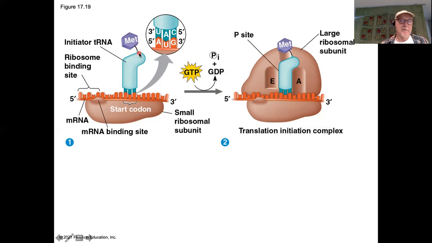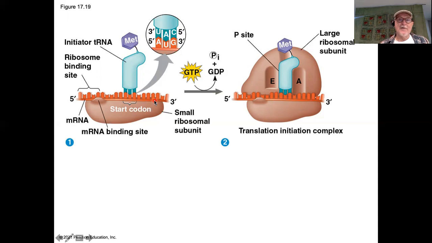That has been attached by the aminoacyl tRNA synthetases. So this small subunit is very important because it does a lot of work at the beginning of translation, and it checks to see that all of this is correct. It checks to see that this tRNA is correctly aligned with AUG. It checks to see that this tRNA carries the correct amino acid, etc.